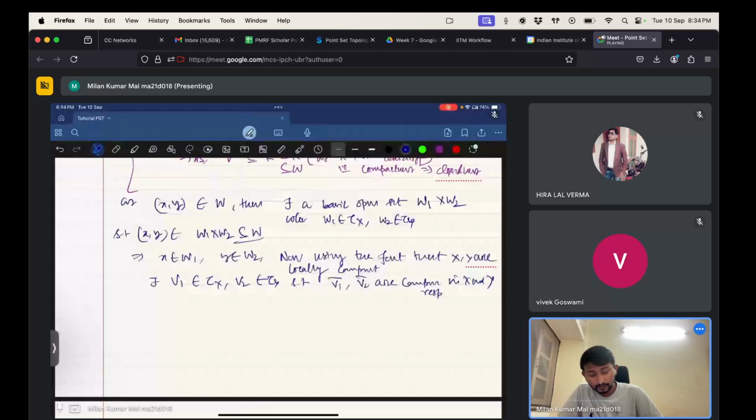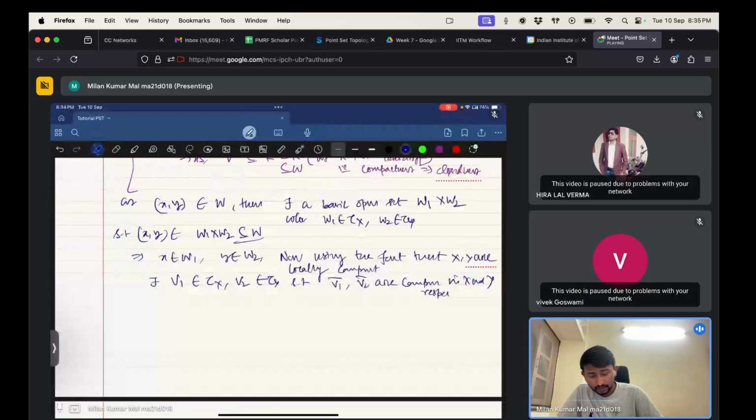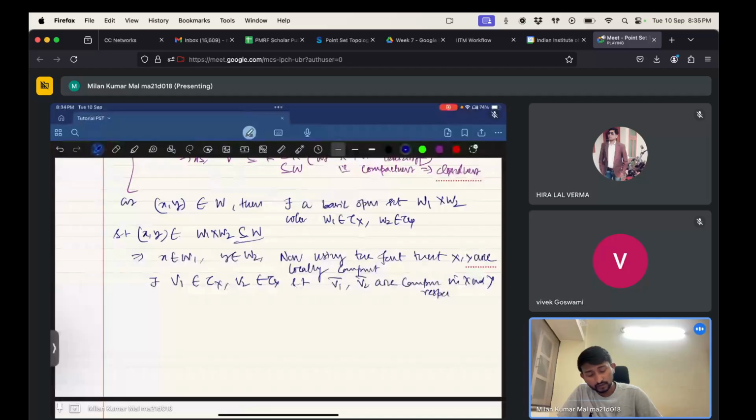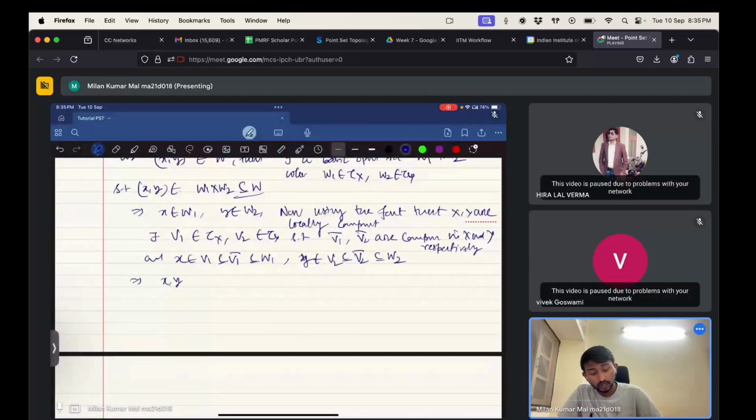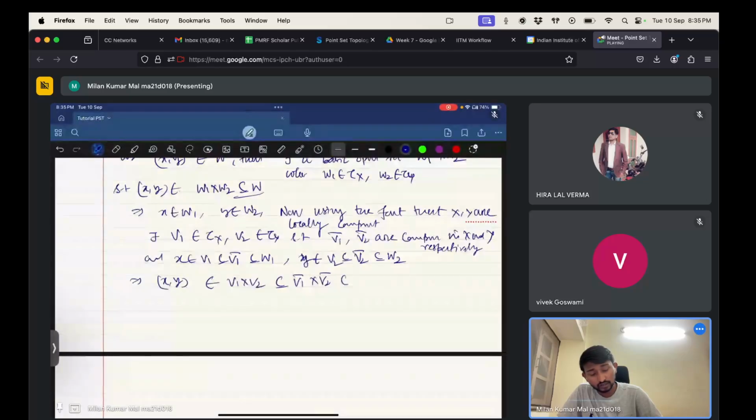That means (x, y) is sitting inside V1 cross V2, which is a subset of V1 bar cross V2 bar, which is sitting inside W1 cross W2, which is sitting inside W.